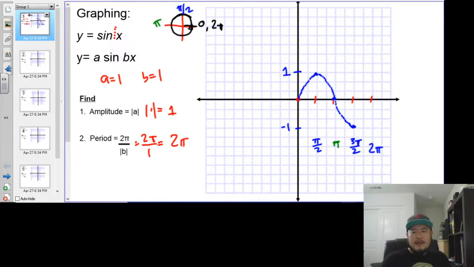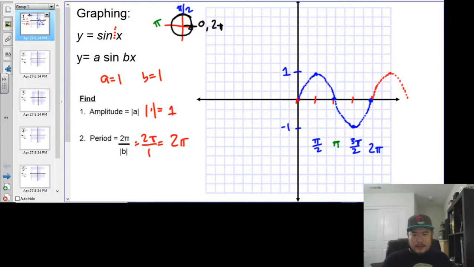There you go. And then it's going to make its way back on up to 2 pi, and that right there is 1 period. And this right here is our sine function. Remember, it does continue on and on. So if we were to continue on using red, it's going to go right here, go up, back down, etc.